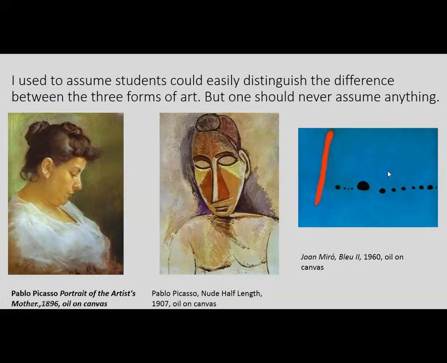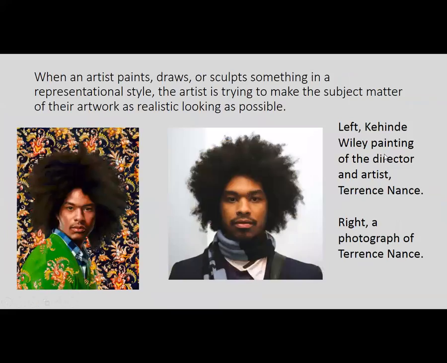And then on the right, we see a painting by Juan Moreau, and it is non-representational or non-objective because there are no recognizable figures or objects or things that have to do with the natural world. There are shapes and lines and colors.